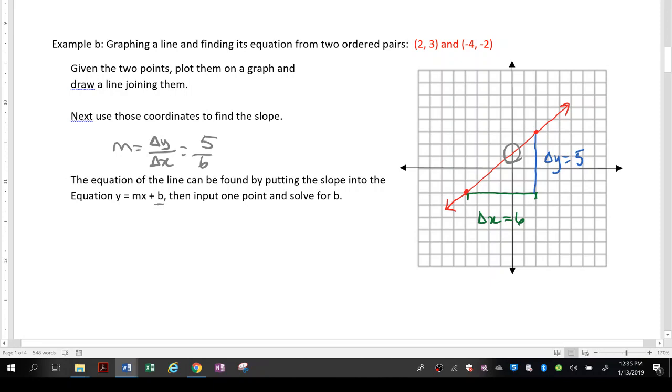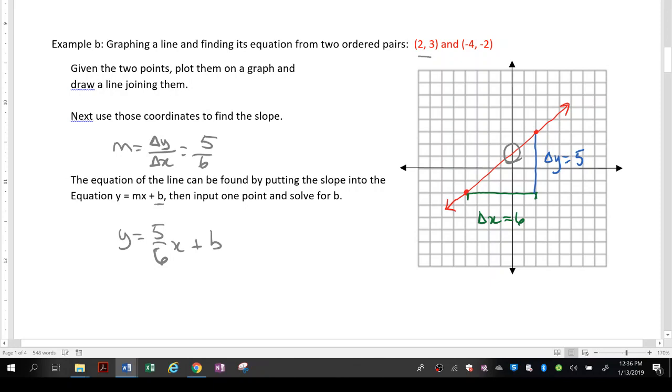So now we're going to start with y equals 5 over 6 x plus b. Now we don't have our value for b, but we can find it algebraically by choosing one of these ordered pairs and putting it into our value for y and x, and then solving for b.